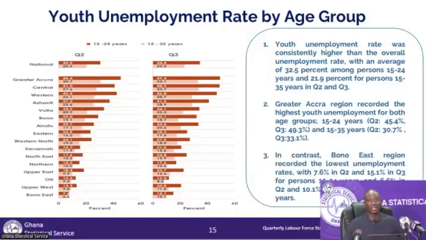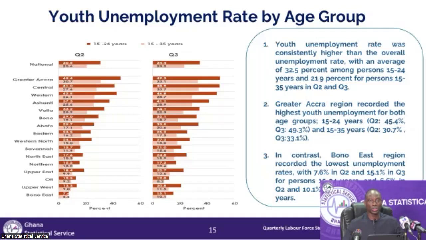And the recent data we've collected still shows that it continues to be a major concern. In fact, among those aged 15 to 24 years, unemployment averaged 32.5% between Q2 and Q3, reaching 34.4% in Q3 of 2025.